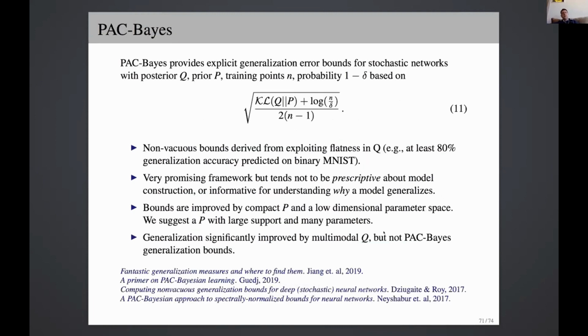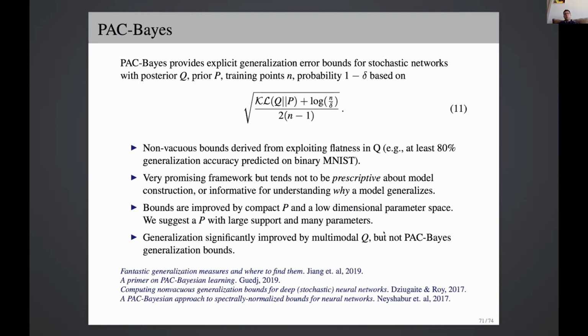PAC-Bayes has been an interesting way to provide explicit generalization error bounds for stochastic networks with, broadly speaking, posterior Q and prior P. This expression in equation 11 describes the generalization bounds. Recently, in the last few years, non-vacuous bounds in some cases have been derived from exploiting flatness in Q, such that we might predict that we get no more than 20% generalization error on binary MNIST.